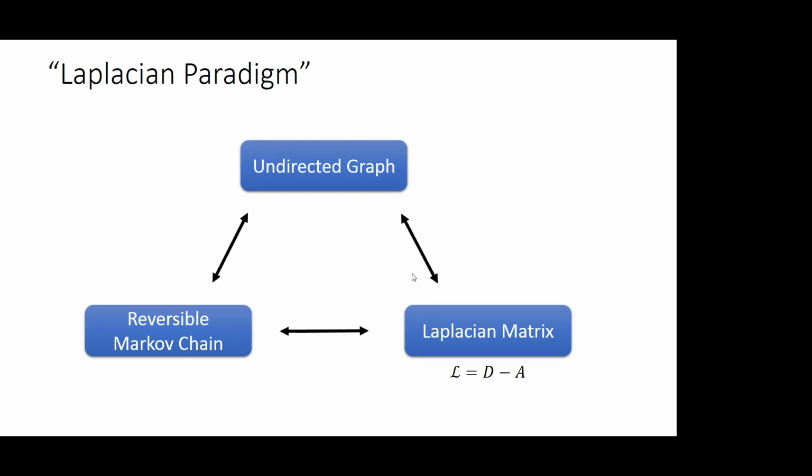A Laplacian matrix is denoted L, and it's defined as D minus A, where D is the diagonal matrix of out degrees of the nodes in the graph, and A is the adjacency matrix, where by adjacency matrix we mean the matrix where column i tells you the neighbors of node i.